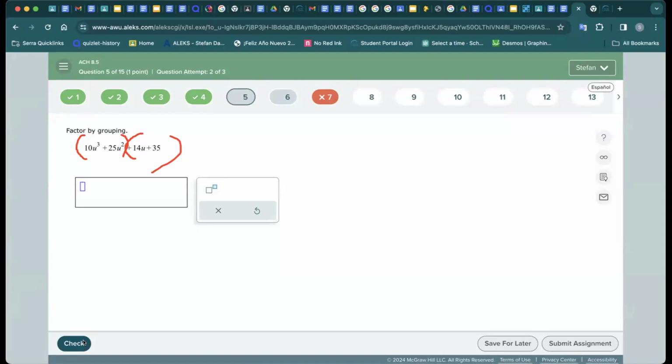Hold on, let me try out the problem real quick. Write that and figure out what to pull out from the first group and what to pull out from the second group, and then something interesting will happen after that.